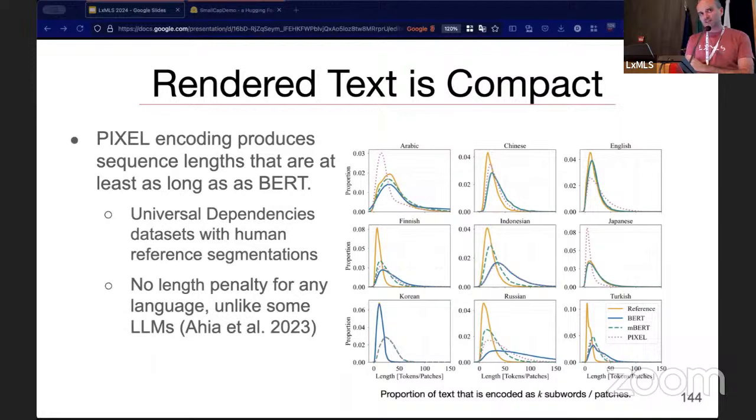So we're not paying a length penalty in terms of how we process the data. There's one small caveat here, which is that for Korean, the reference BERT segmenter produces unknown tokens for every single token. And so it trivially recovers the reference segmentation length, but not really understanding what's there.